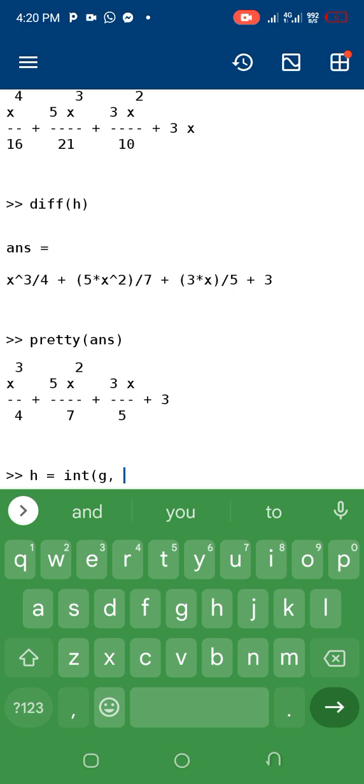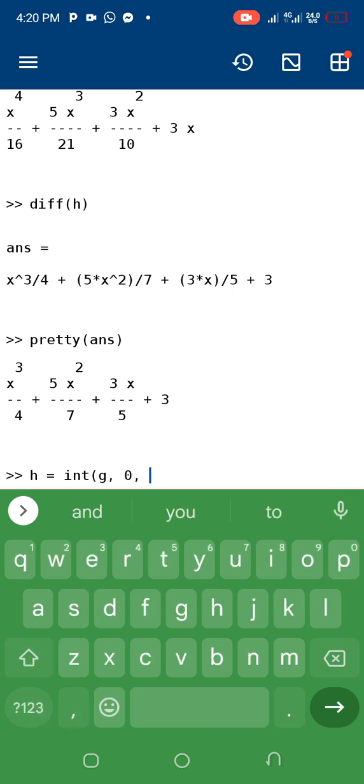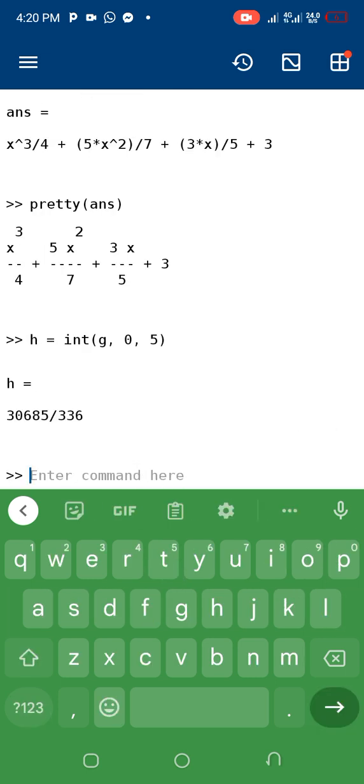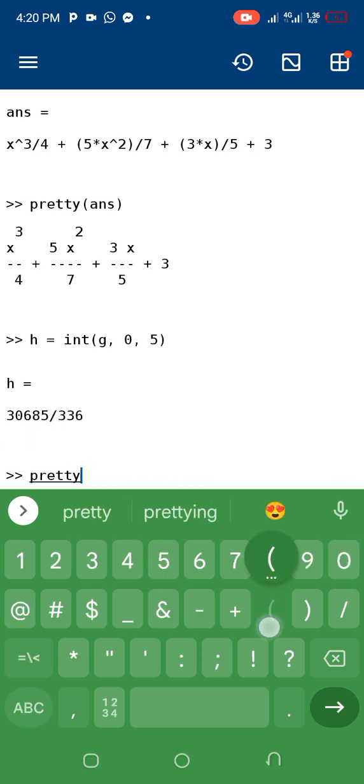So I will use limits from 0 to 5. So what happens? I will return a numerical value of the integral of g from 0 to 5.